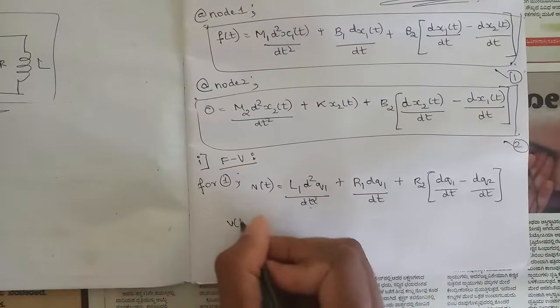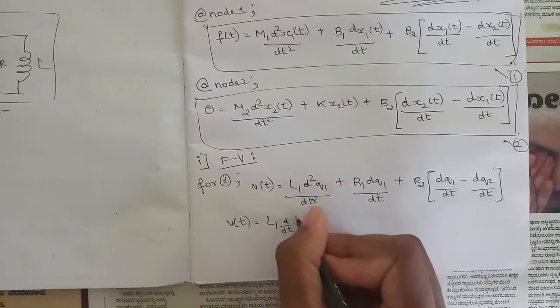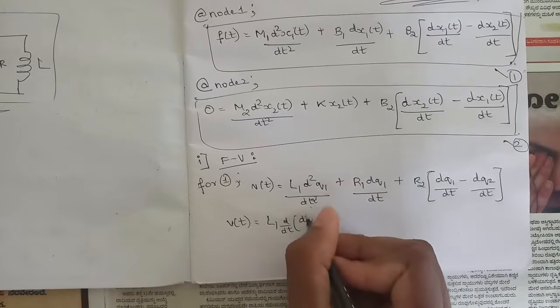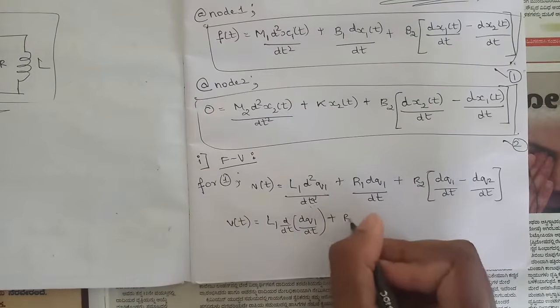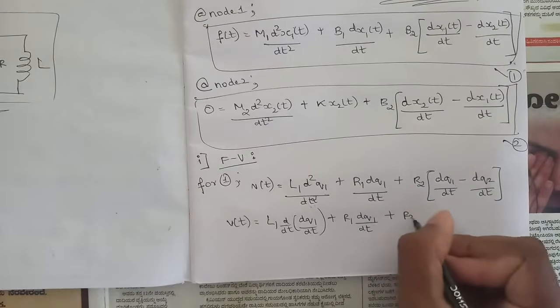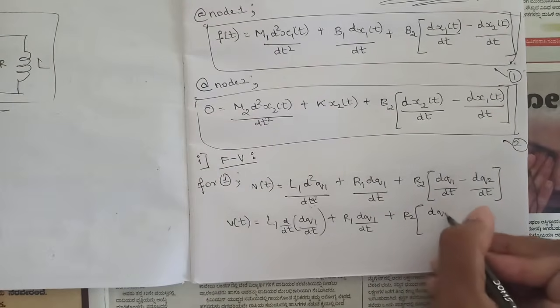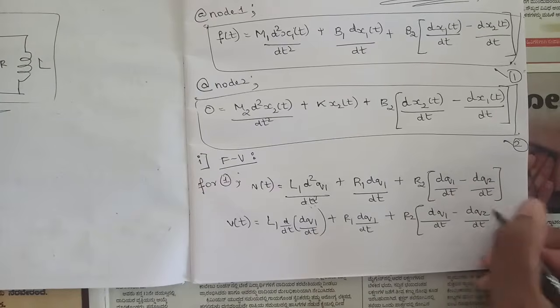Yeah, so further simplify this: L1 into d by dt of dq1 by dt plus r1 dq1 by dt plus r2 into dq1 by dt minus dq2 by dt.